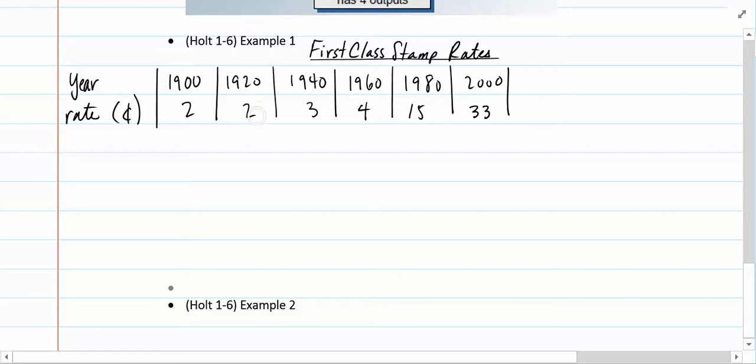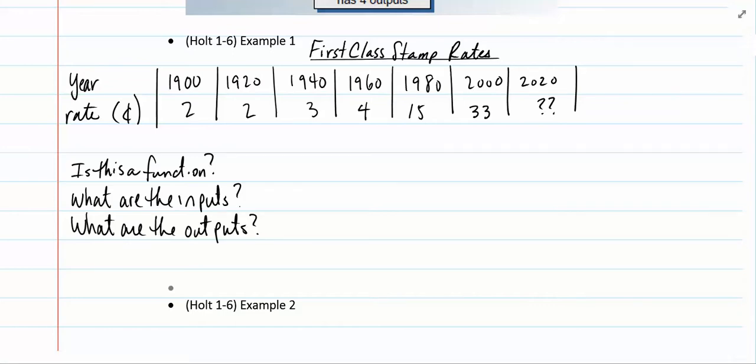It cost 2 cents again in 1920, 3 cents in 1940, 4 cents in 1960, 15 cents in 1980, and 33 cents in the year 2000. If we were to continue this diagram, we'd have to wait until the year 2020 to fill in the next block, because you'll notice that the years have increased by 20 each time.